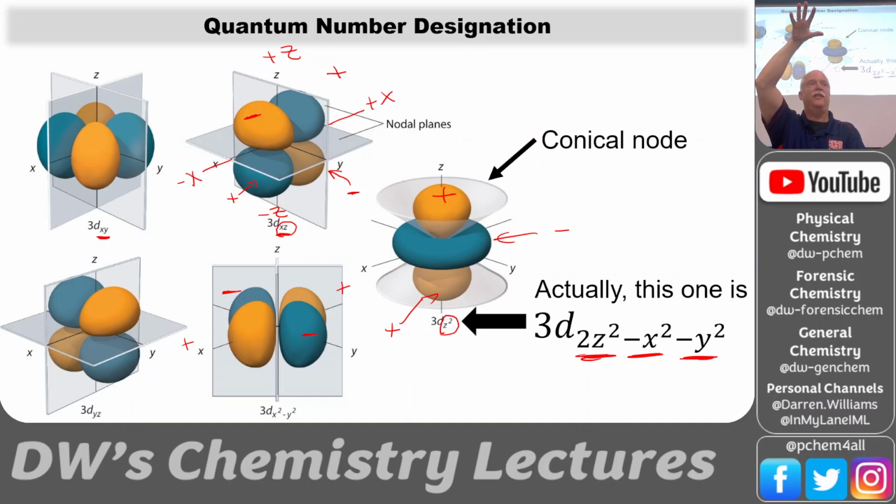We have the plus z squared minus x squared minus y squared. So you could also write this as 2z squared minus, in parentheses, x squared plus y squared, right? So we're taking that x squared and y squared and subtracting both of them. So that's what sets up that node right here that goes through the center.